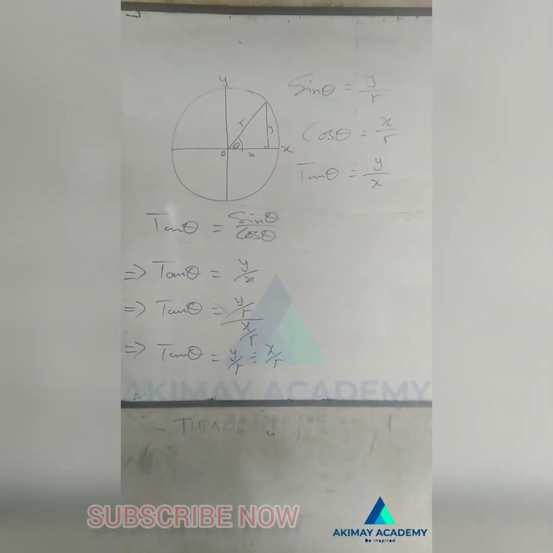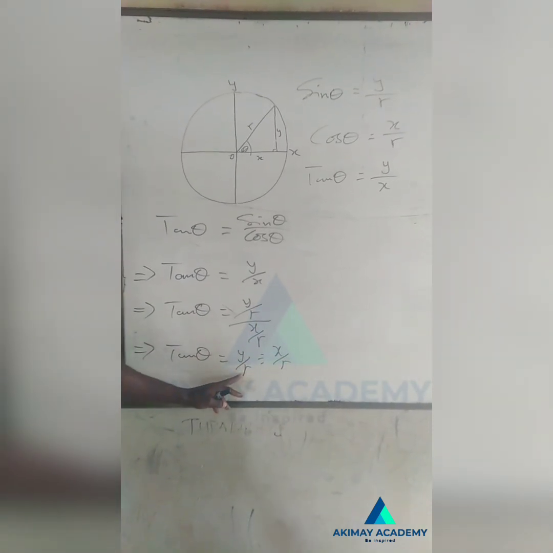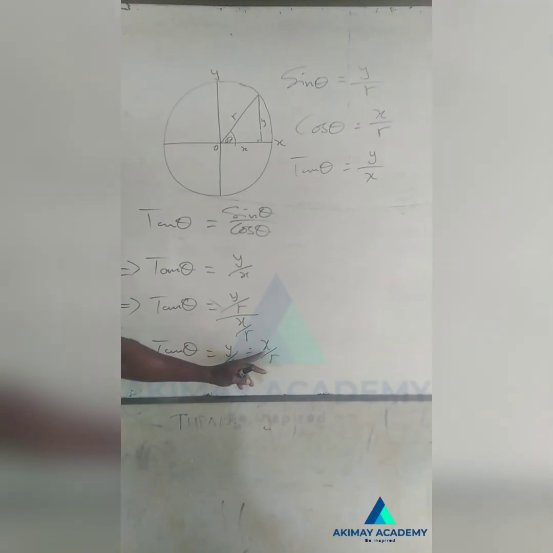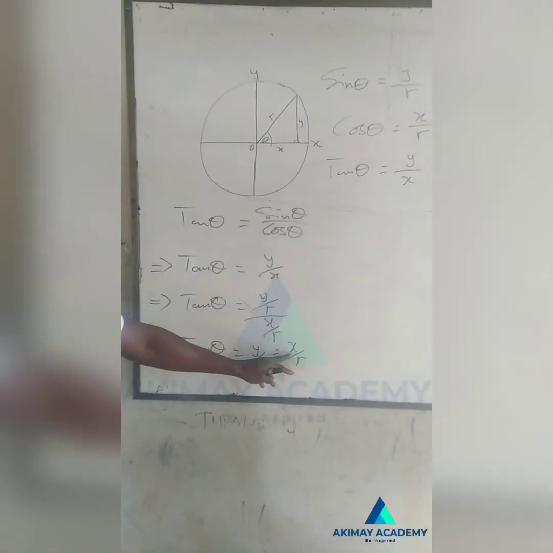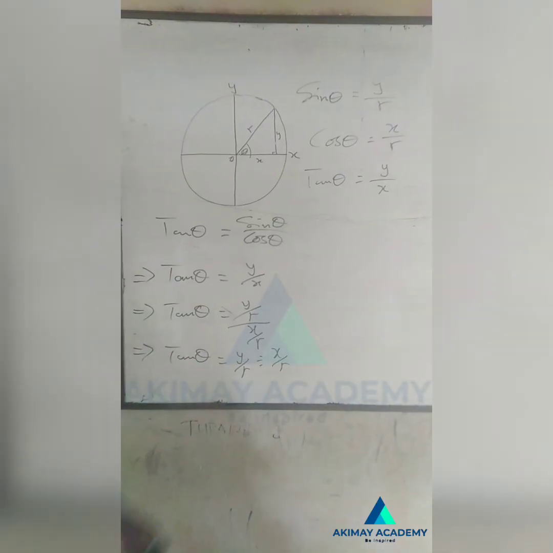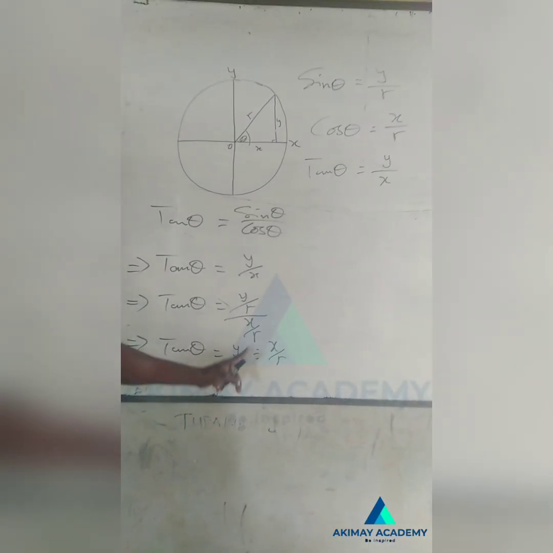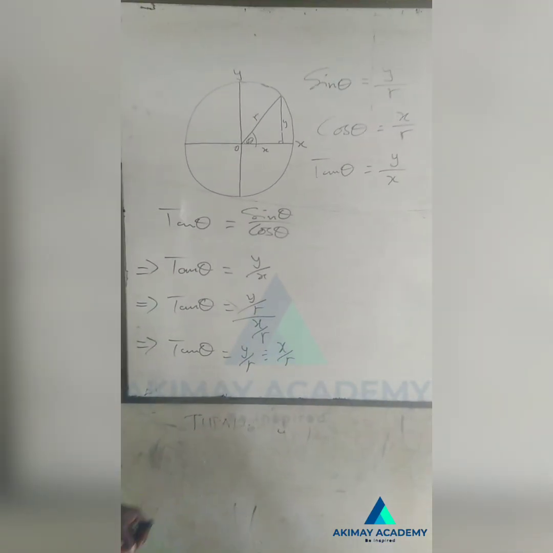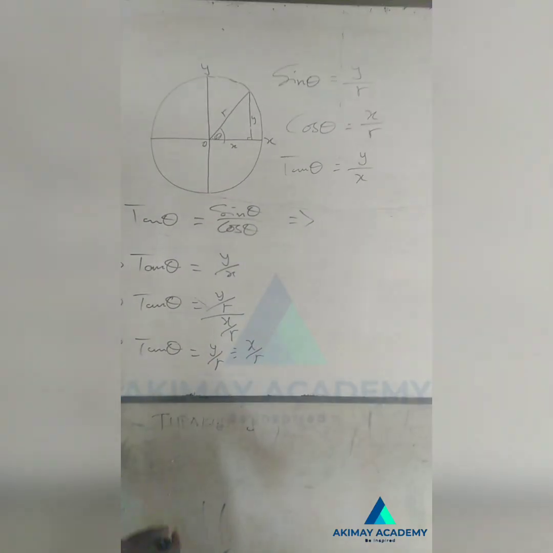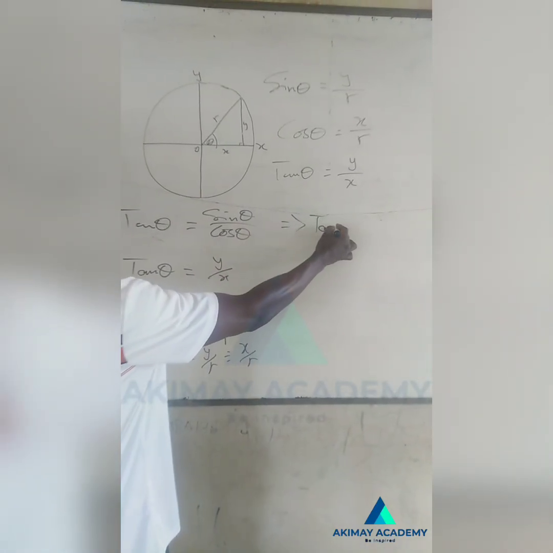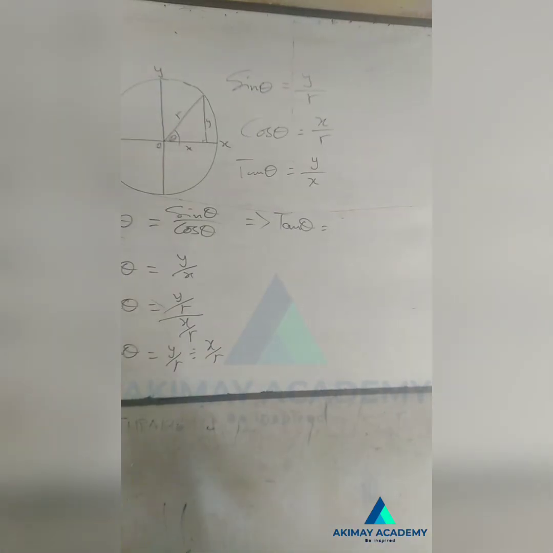okay, so we have tan theta equal to y on r divided by x on r. So what we do over here is reciprocate the divisor to change the sign to multiplication, as we are aware.